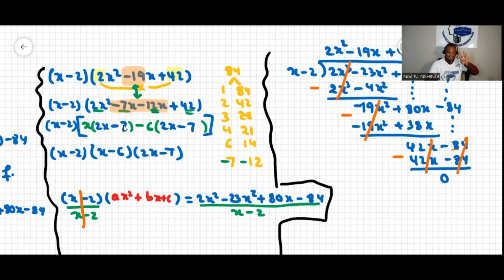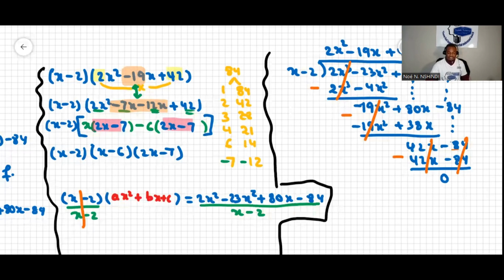So this makes this form, and then we can do x minus 6 there, and then 2x minus 7, because we must always get what's in the bracket common. It must always be common. So we can say x minus 6 here, and then 2x minus 7.